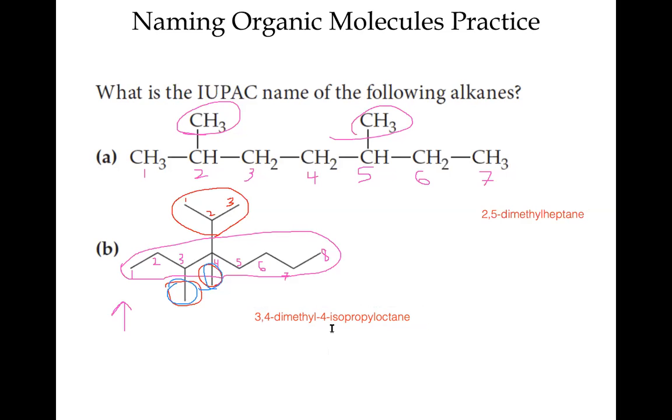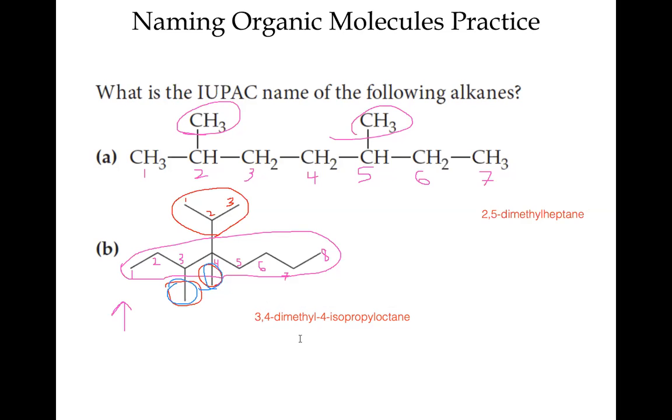All right, so if we add prefixes to the prefix, we use those to alphabetize. It's no longer alphabetizing methyl and propyl, although in this case, I guess propyl P comes after M anyway. So either way, propyl is going to come after methyl.